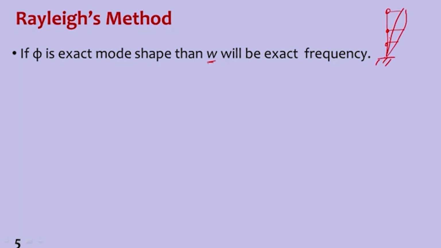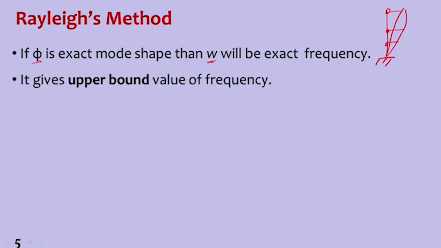If we make it approximately near to the first mode, then we get the first natural frequency. In this we are not evaluating the mode shape, we are assuming some mode shape, and with that we are getting an approximate fundamental natural frequency.